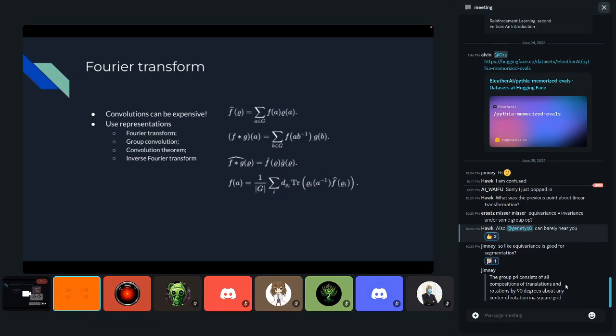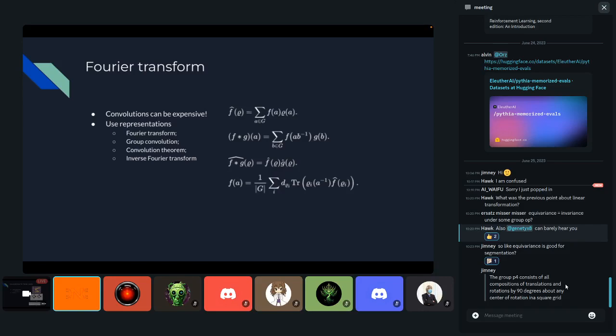So we have some representation of a group. If we have a circle, for example, or a closed interval of a real number line, our representation will just be the Fourier basis.